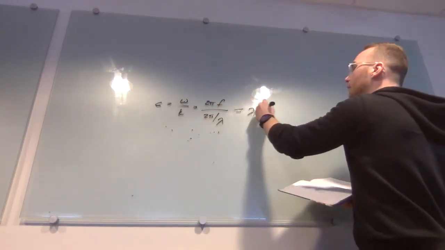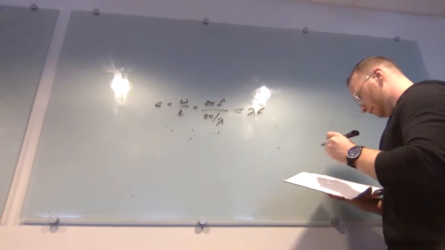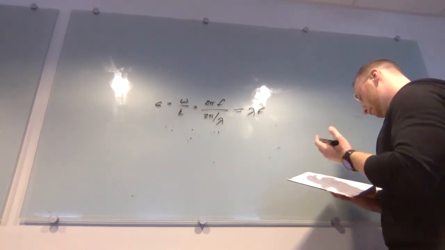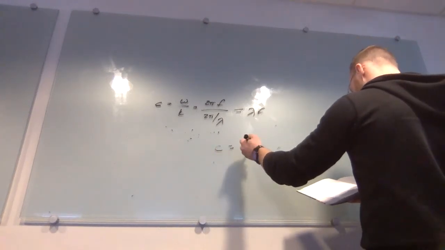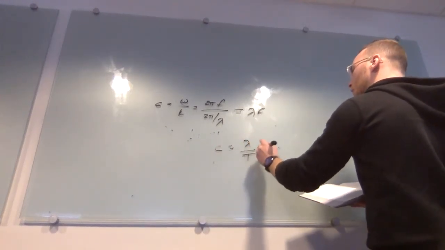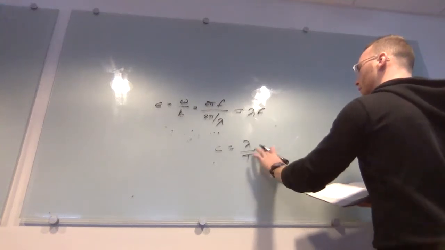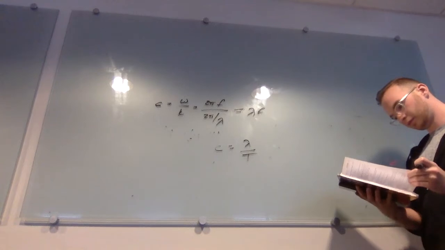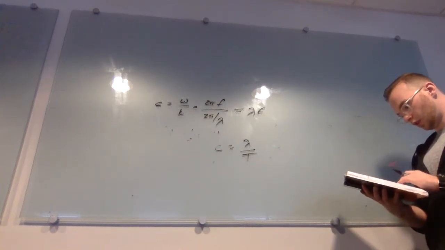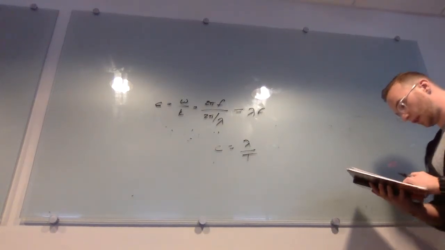This is lambda f. And then they also have lambda over T, which is the same as that.